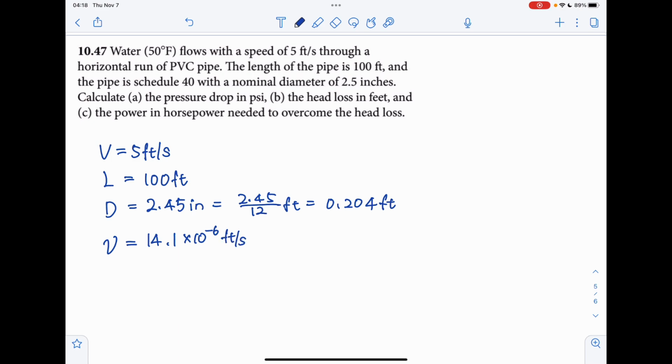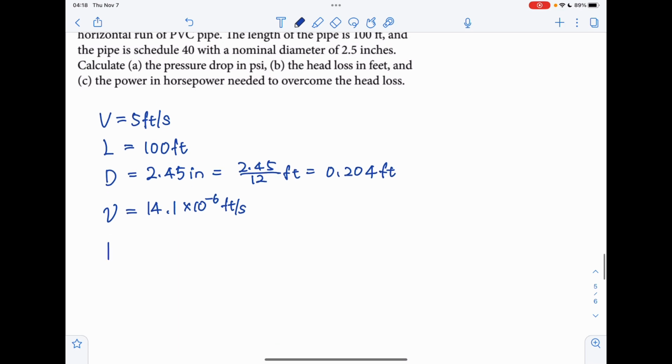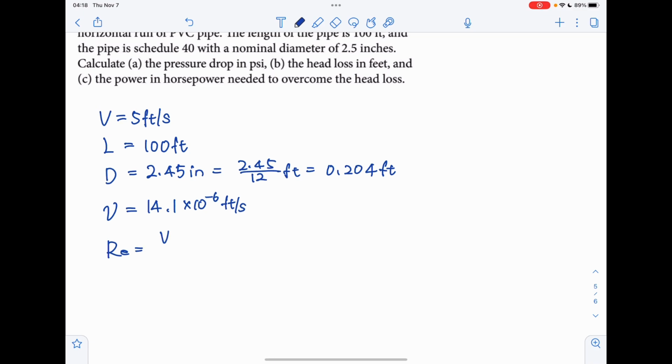So the Reynolds number equals V times D over the viscosity. The velocity is 5 feet per second, the diameter is 0.204 feet, over the viscosity, 14.1 times 10 to the negative 6.